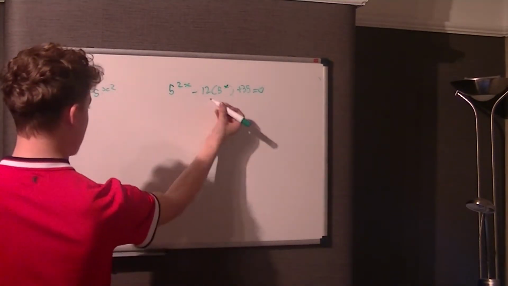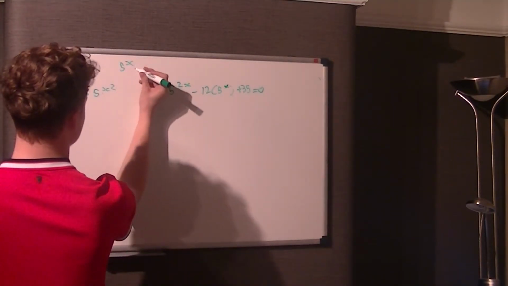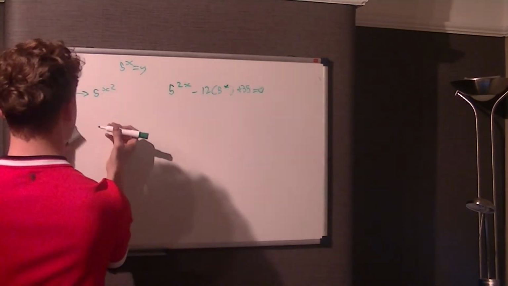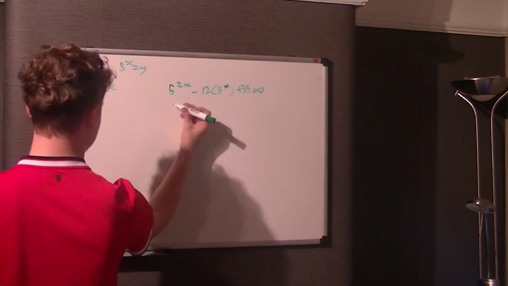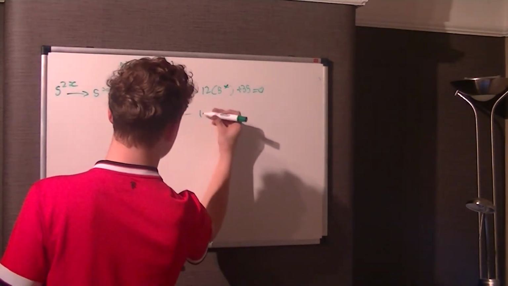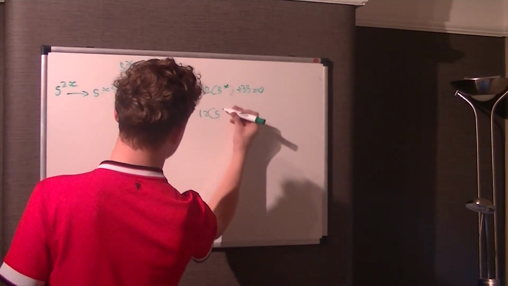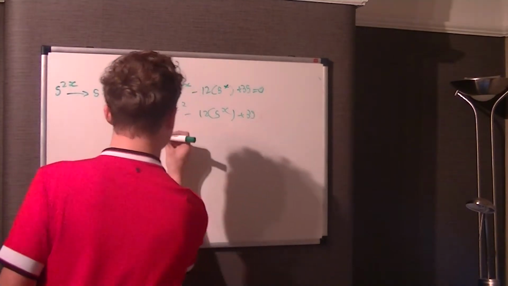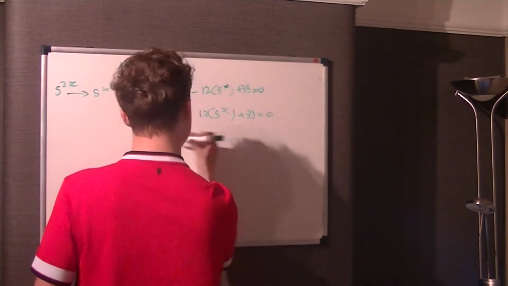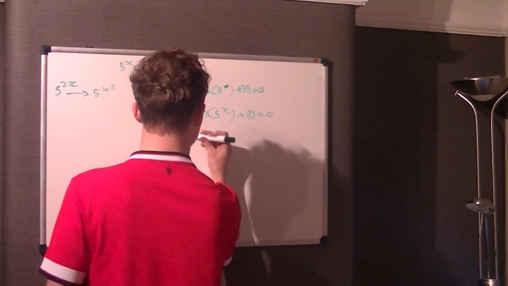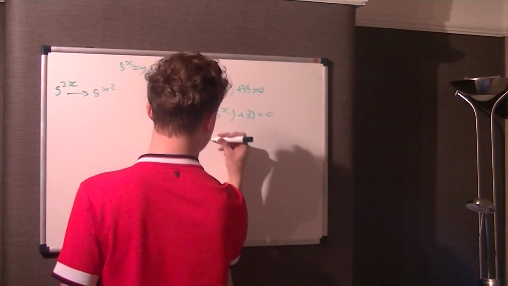So if we let 5 to the x equal y, then this becomes 5 to the x squared, minus 12. I'm just doing it slowly so you can work it out. Equals 0. So this gets y squared, take 12y plus 35.